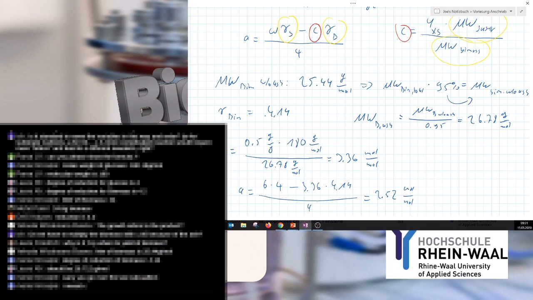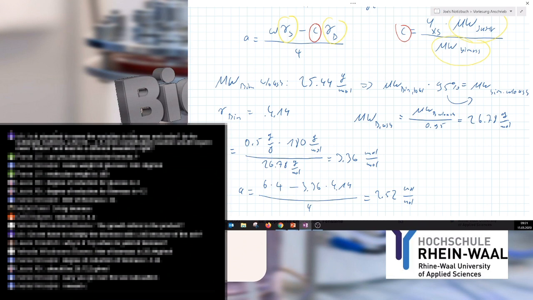So this is a very straightforward thing. We have calculated how much biomass we produce just based on our yield, because this is an experimental value. We have measured that. And then our molecular weights, we have calculated them, and then we get how much biomass we get. And then, using this term, we calculate how much oxygen we need. So we need 2.52 mole per mole.